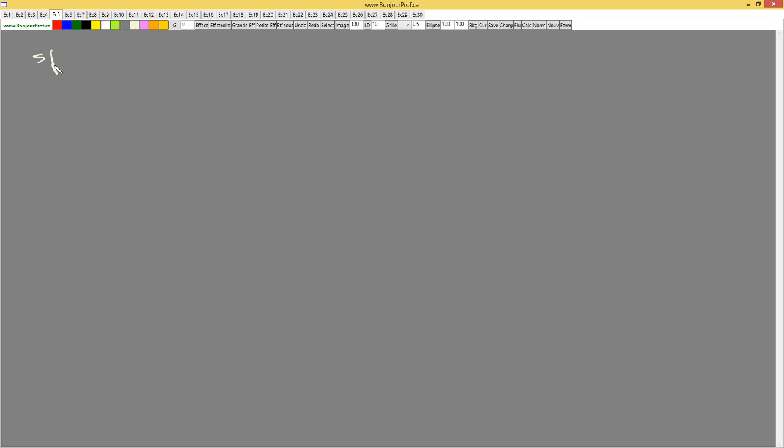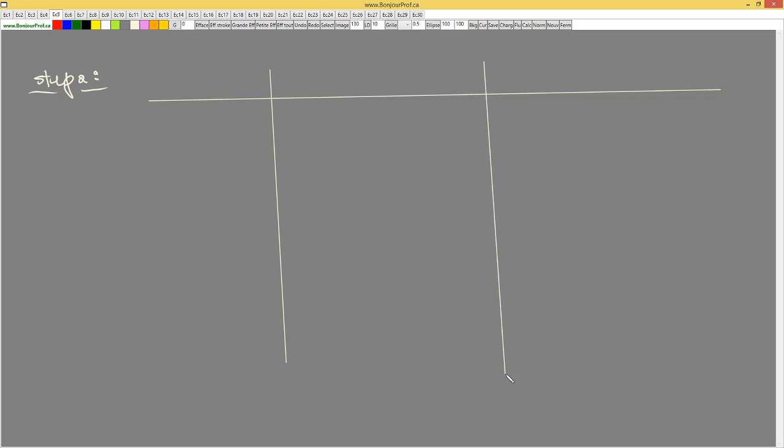Step 2: we are going to build a table, like that and like that. Here I'm going to write vectors.